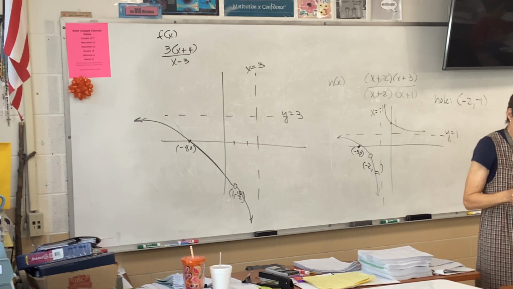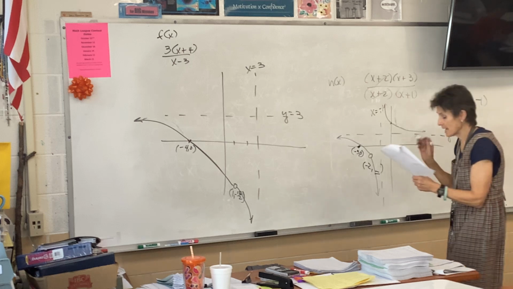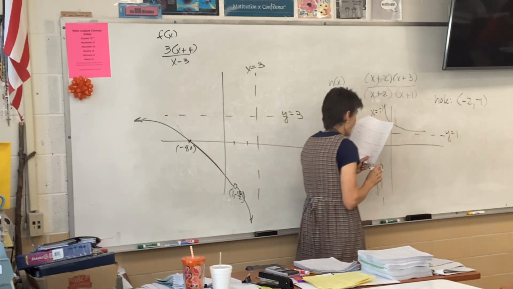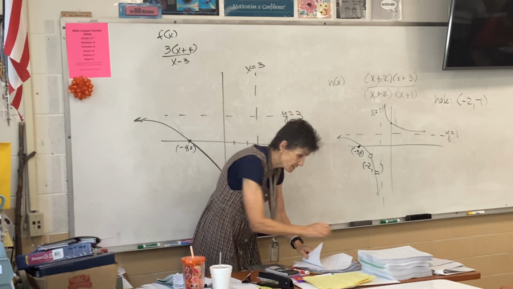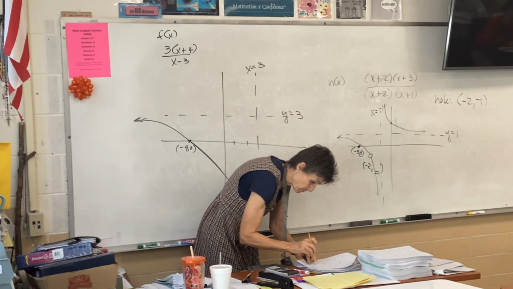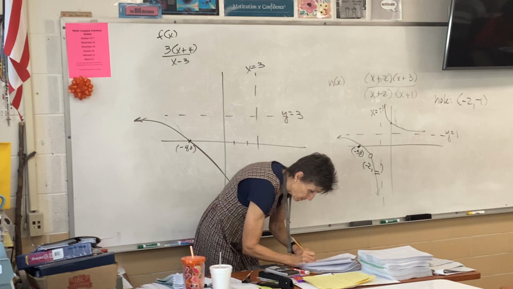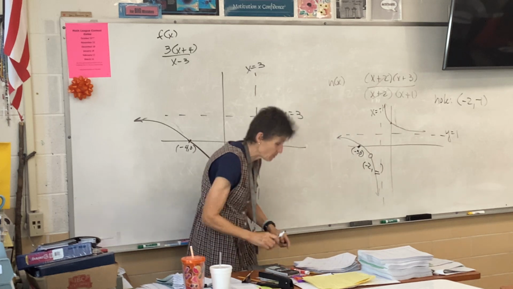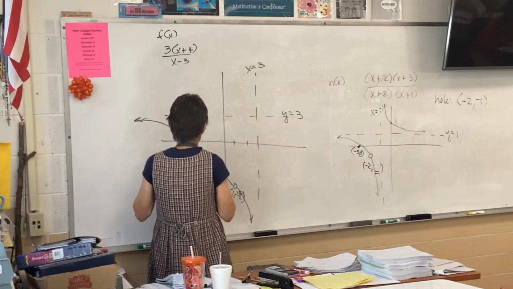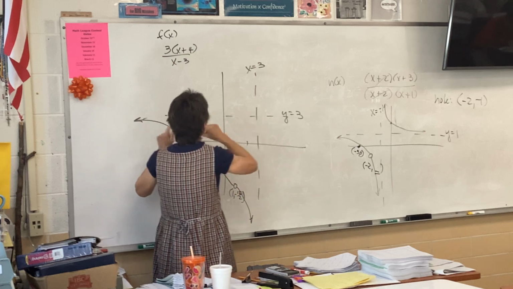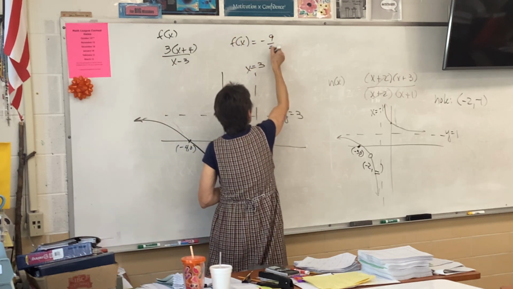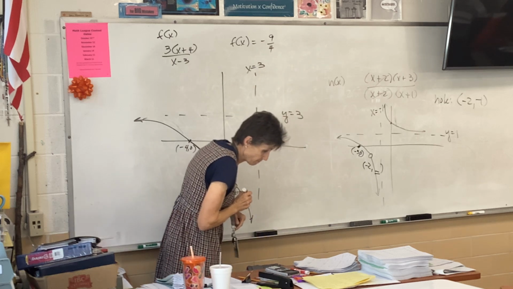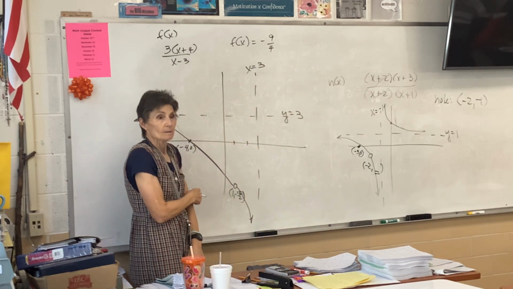And then f of x equals -9 when x equals what? Well, that is kind of a tricky one. What are your thoughts about that? We want f, this was f right here, and we want f of x to be -9/4. What do you think?